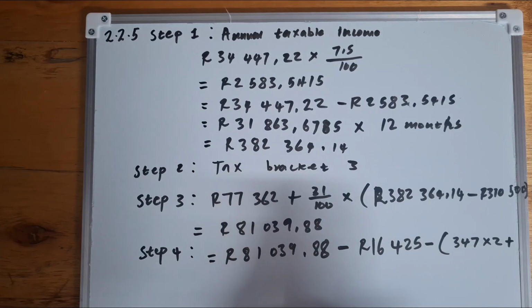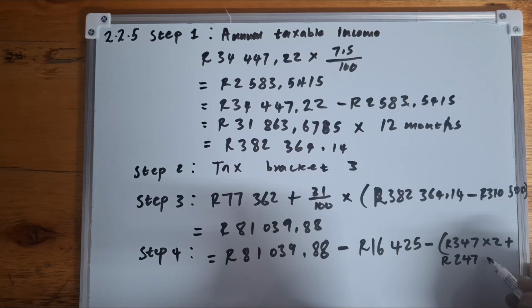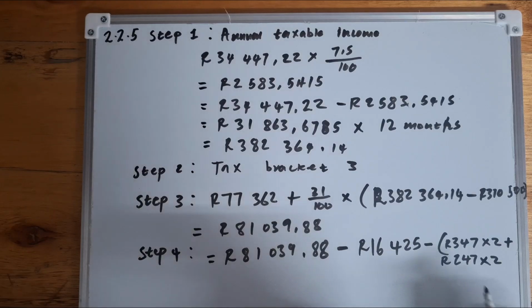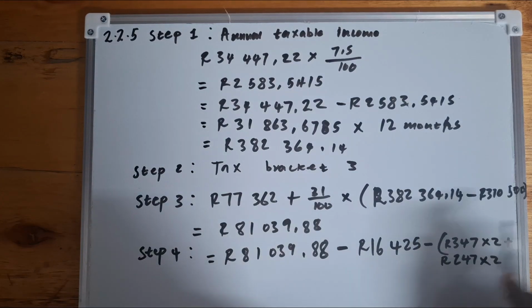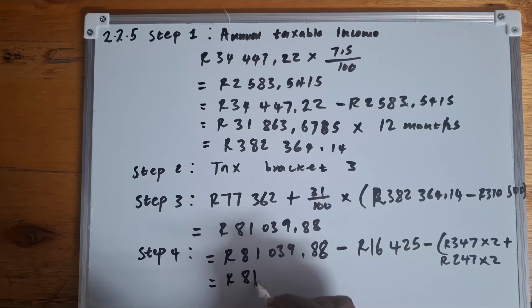The 2 children will pay 247, both of them. Then we can punch this into the calculator to get the amount that she pays for the medical aid. So let's rewrite this properly.